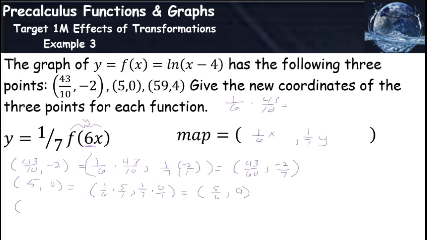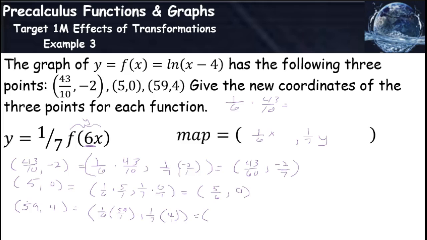And then the last one is 59 and 4. So I do 1/6 times 59 over 1, and then 1/7 times 4 over 1.